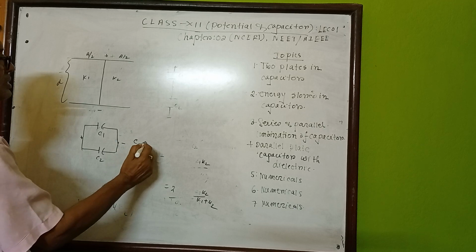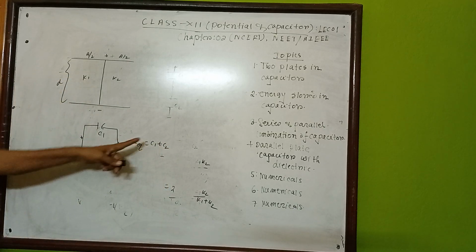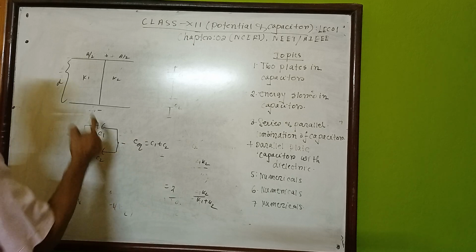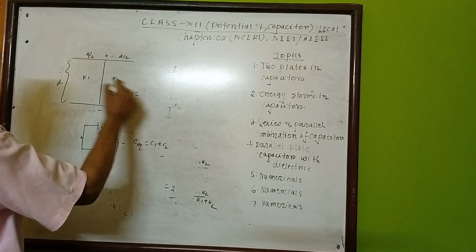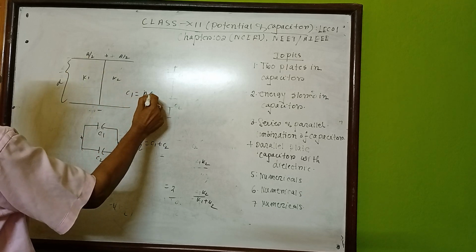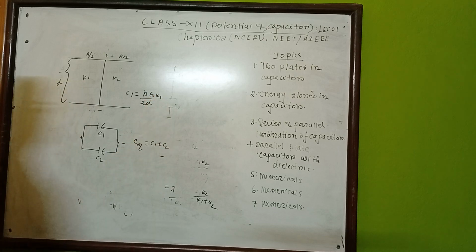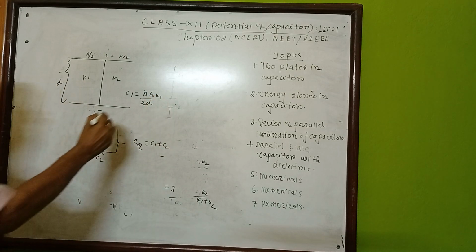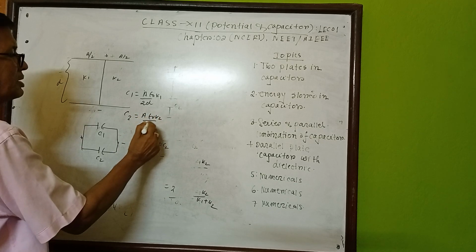So C equivalent in that case is C1 plus C2. They are parallel, so it will be C1 plus C2. C1 you are getting with area A by 2, A epsilon naught K1 by 2d. Clear? C2 is A epsilon naught K2 by 2d.